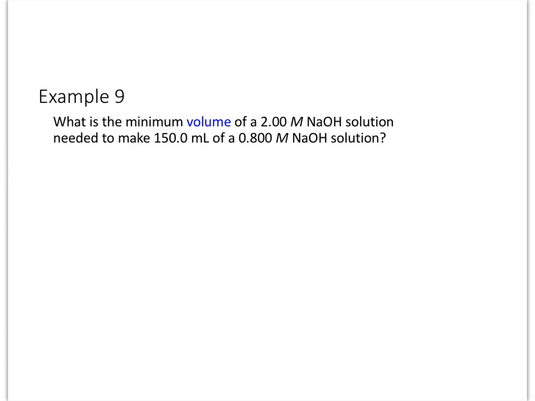Last example here, here's a dilution problem. What's the minimum volume of a 2 molar sodium hydroxide solution needed to make 150 milliliters of a 0.8 molar sodium hydroxide solution? So since we're changing the concentration of our solution, we can do M1V1 equals M2V2. So my initial solution has a concentration of 2.00. The volume I need is my unknown.